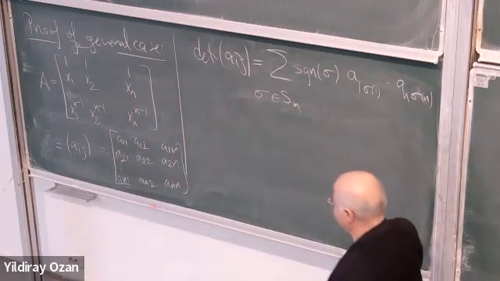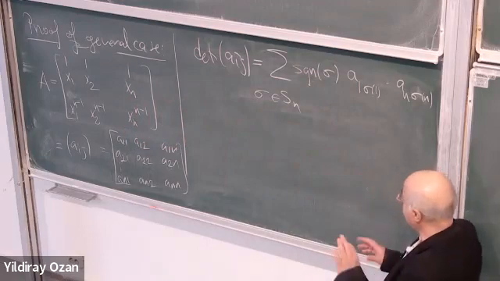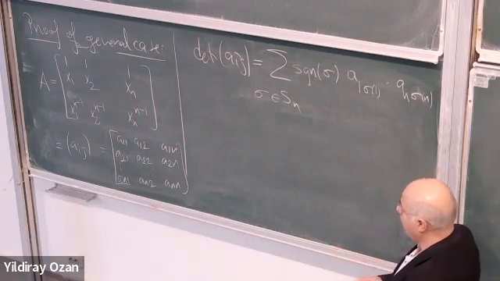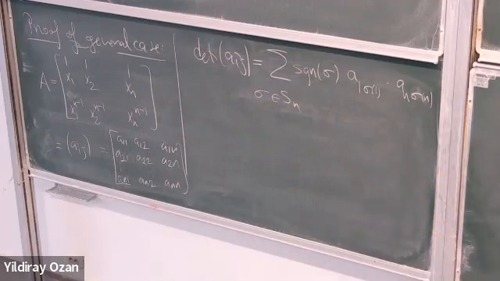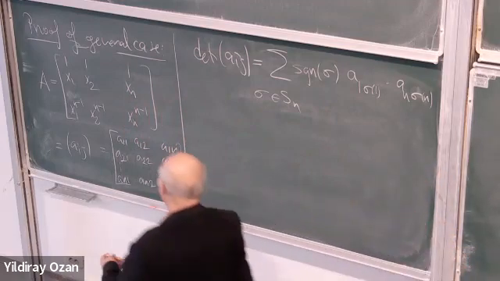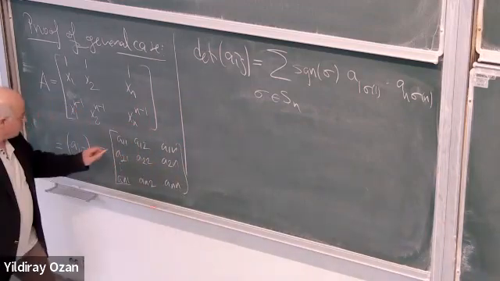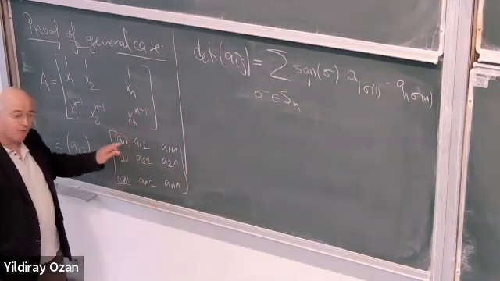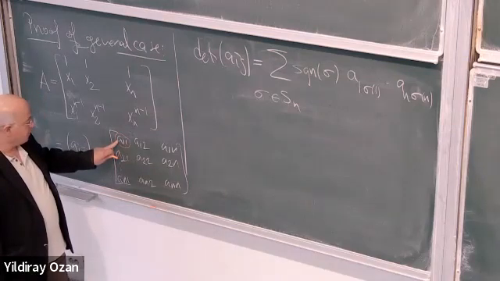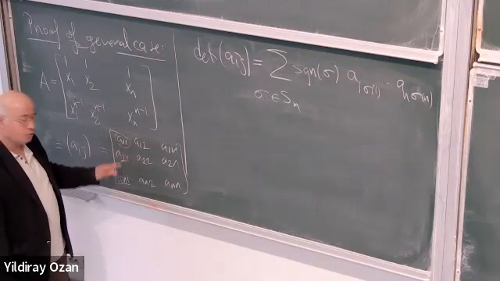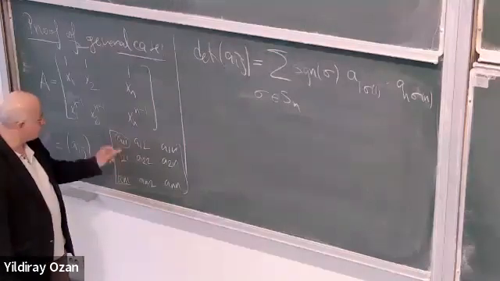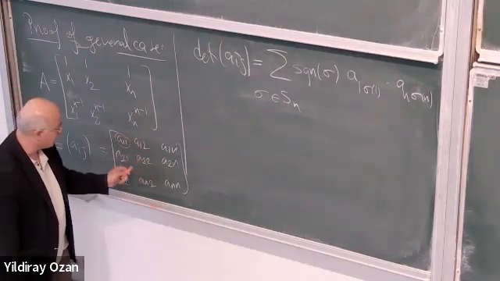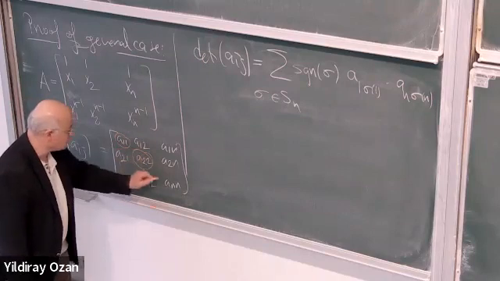What is this expression? It is the sum of all kinds of products. What kind of products? From each row, you pick an element. For example, you can pick this one, but once you pick an element, from the second row, you pick an element which is not in the same column. So you have to choose something from other columns. For example, you may choose this one and so on.